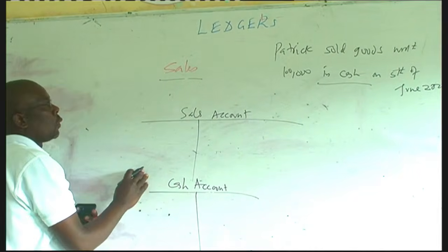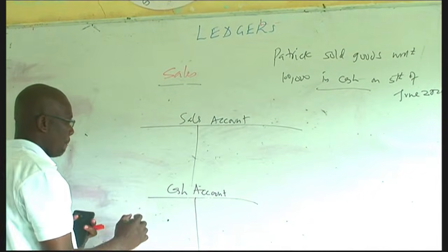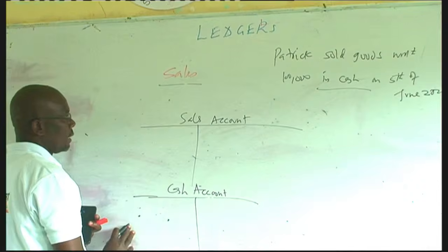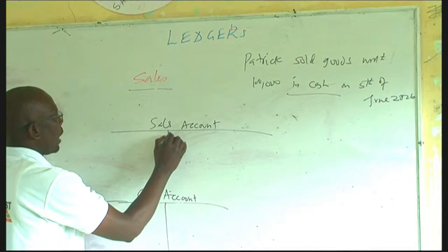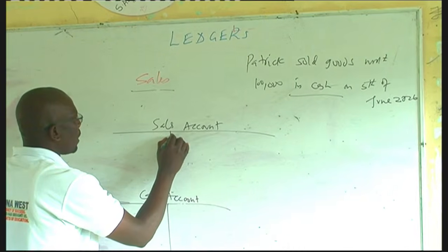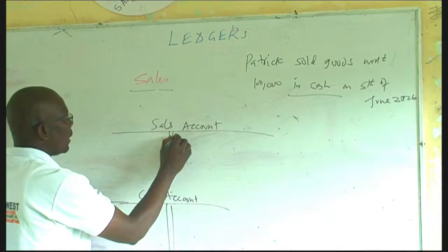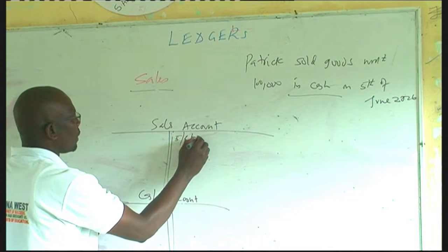We are going to credit sales, and then we debit cash, just like I said. So you can have the entry here. You write the date, it is 5th of June 2026.